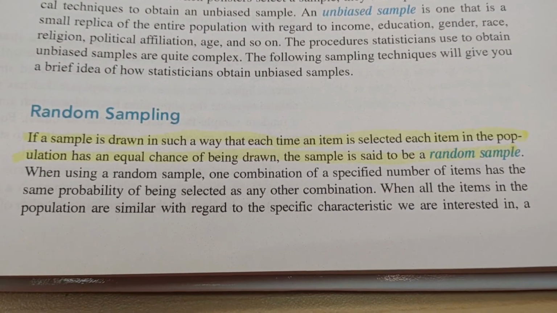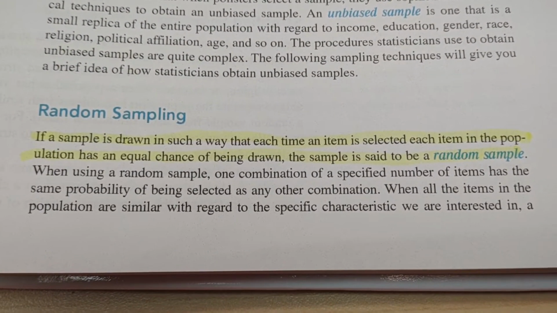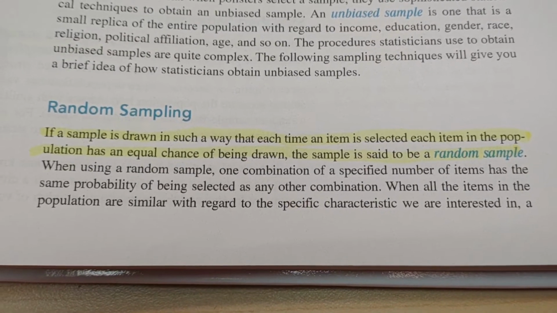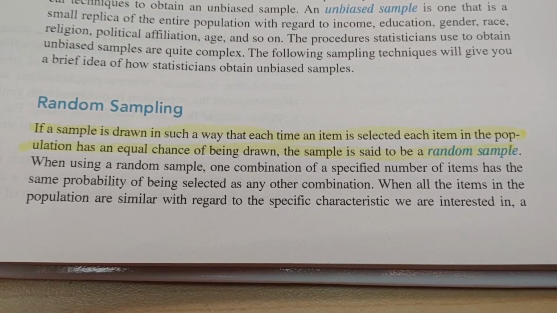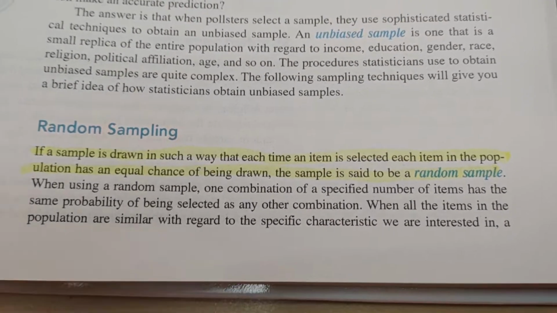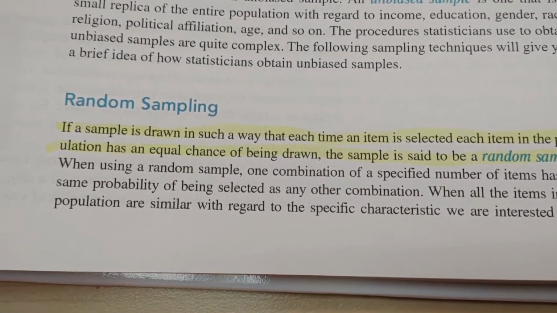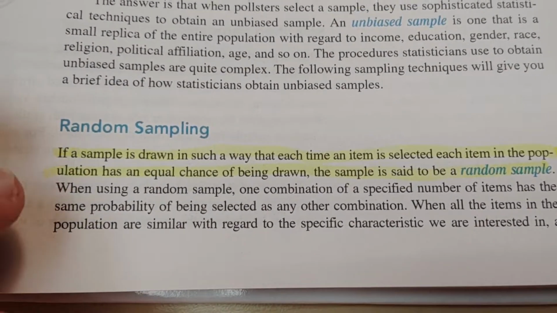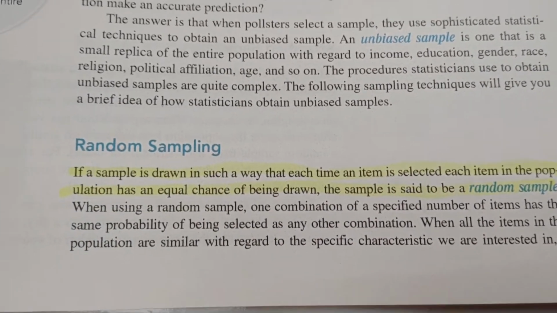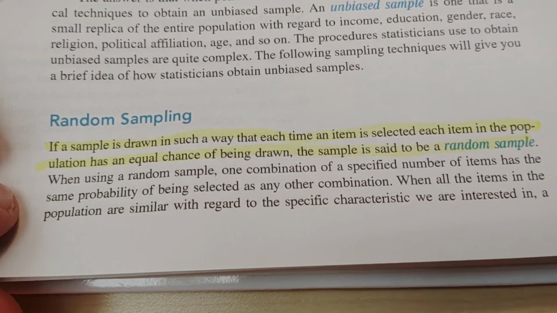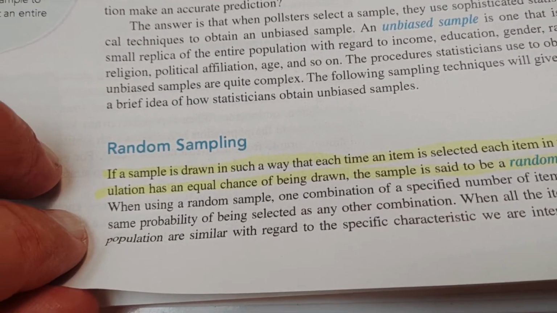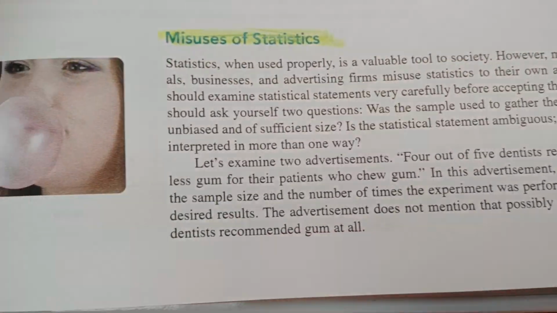If a sample is drawn in such a way that each time an item is selected, each item in the population has an equal chance of being drawn, the sample is called a random sample. So a random sample, like I said before, is where every individual in the population has a chance of being selected every time there is a selection.